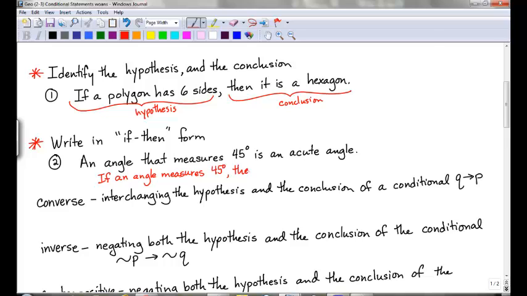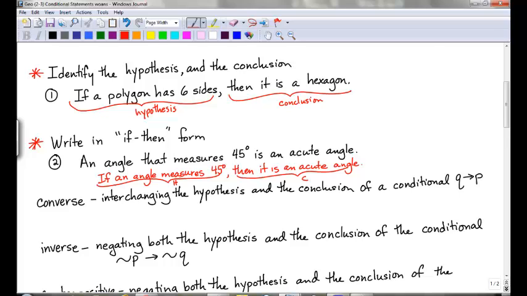Then it is an acute angle. What they don't want you to do is don't rewrite it. Don't say if it is an acute angle, then it's 45. No, it's got to have the same meaning, same order. Okay? And this would be the hypothesis, and this would be the conclusion. So careful on the order when you write those.